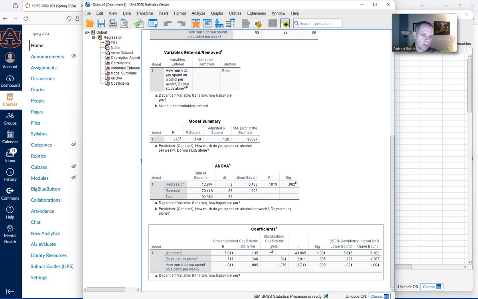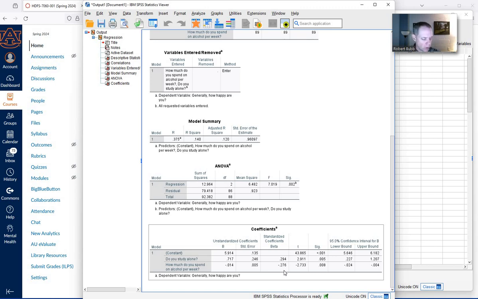If we look at our standardized coefficient here, we get a negative 0.276. So again, this is in terms of z-score. So we're saying for every 1 z-score change in spending on alcohol, we are expecting a negative z-score change of 0.276.